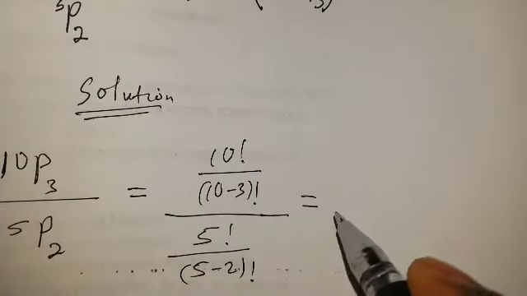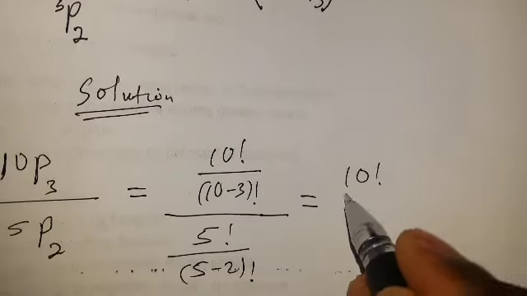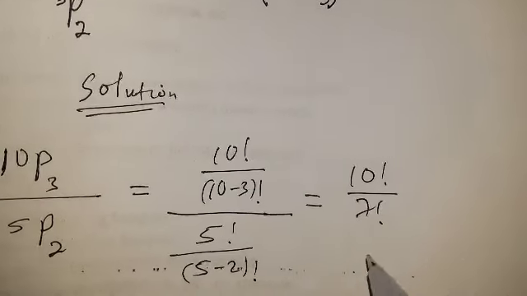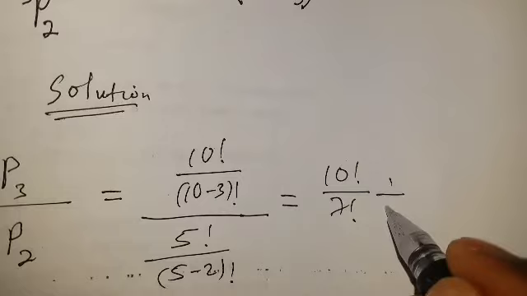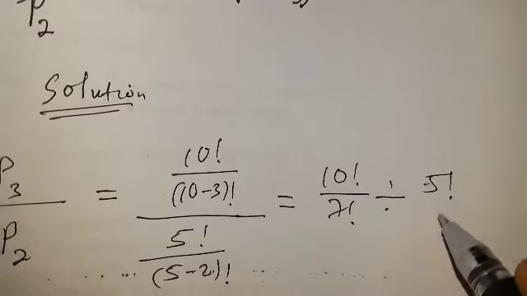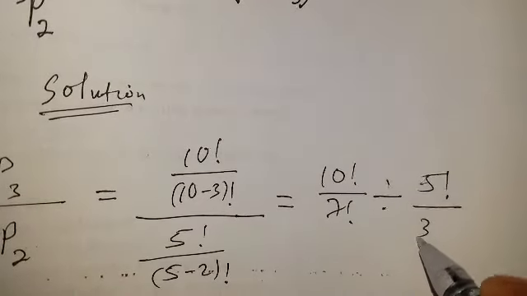This is the same thing as 10 factorial over 7 factorial all divided by 5 factorial over 3 factorial.